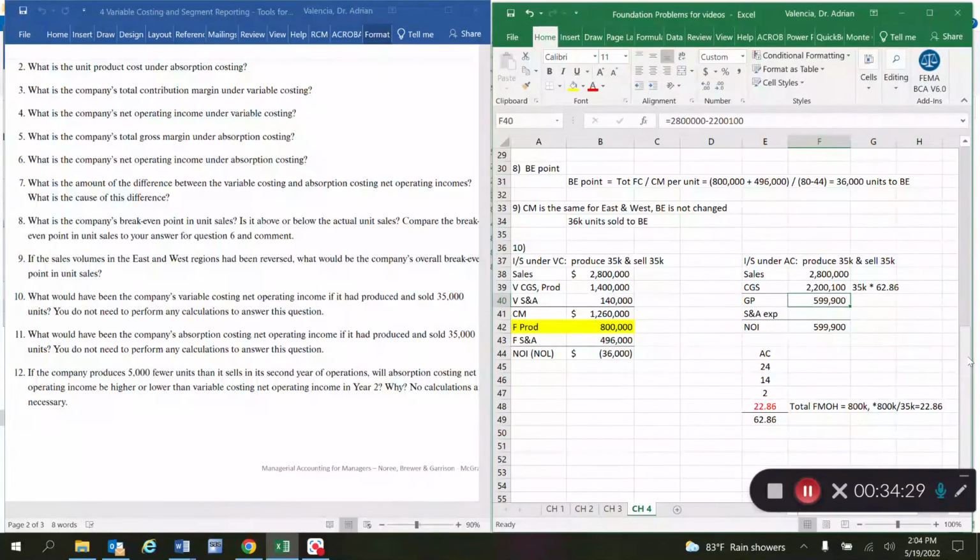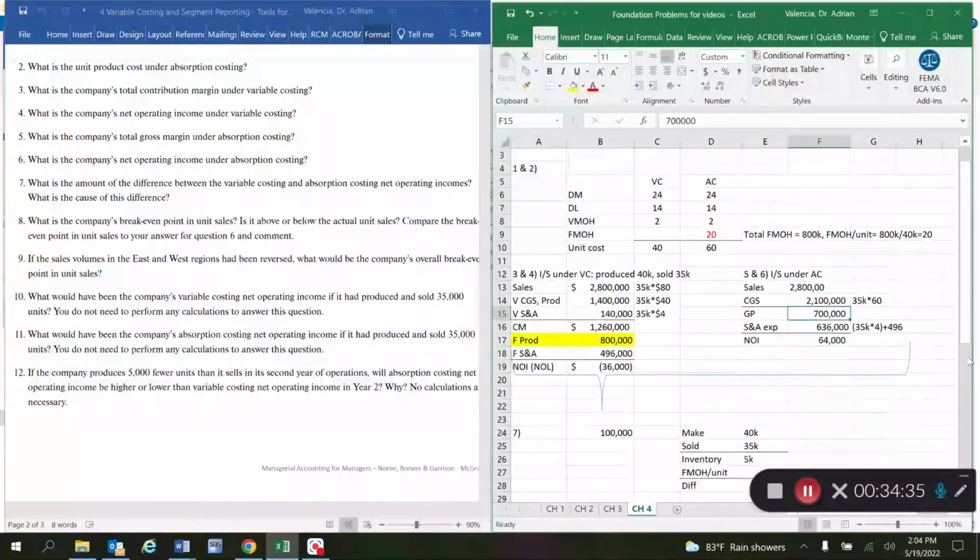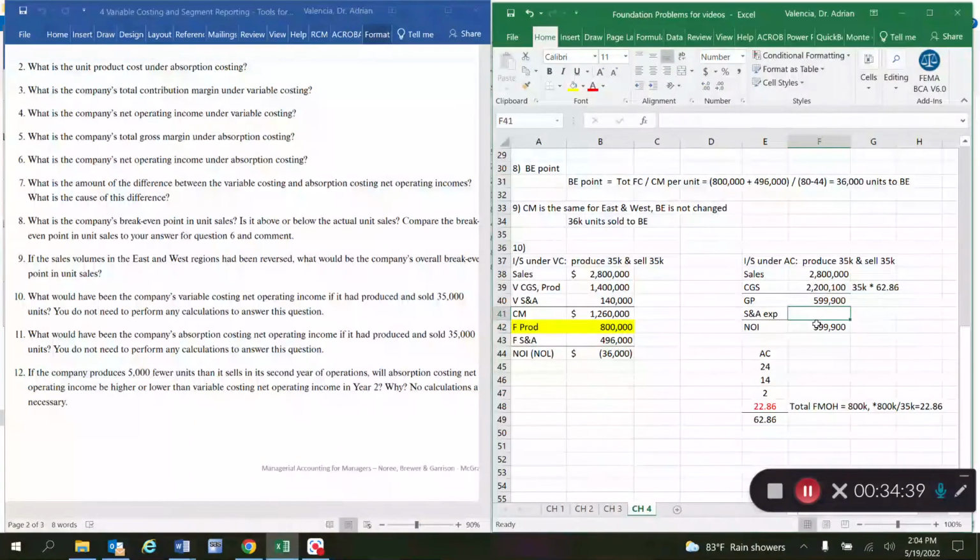So that's our gross profit. And when we subtract out selling and administrative expenses, which is the same from before, $636,000, we get a loss of $36,100, which because of rounding error, we have this $100 difference, okay? But technically, it's the same as this 36,000.